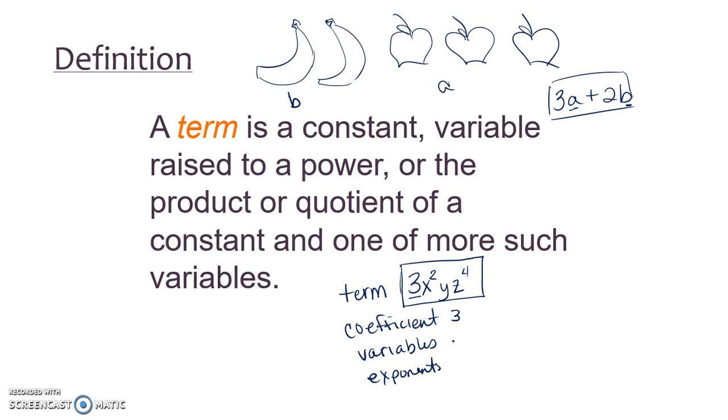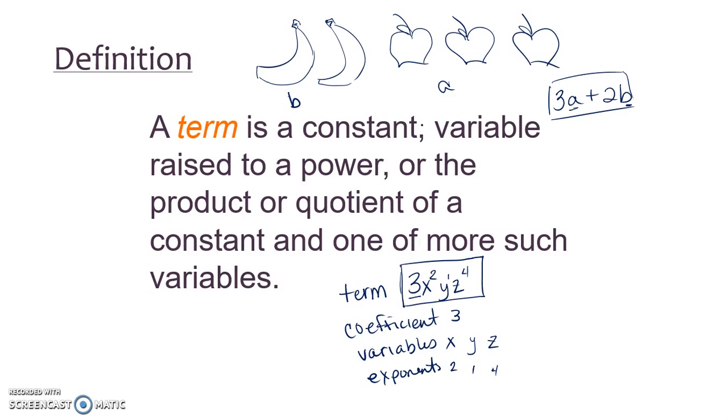We have our variables, x, y, and z. And we have exponents. So we have a power of 2. Technically, when there's just one variable, there's an imaginary 1 exponent, and a 4. So these are all different parts that make up our term.